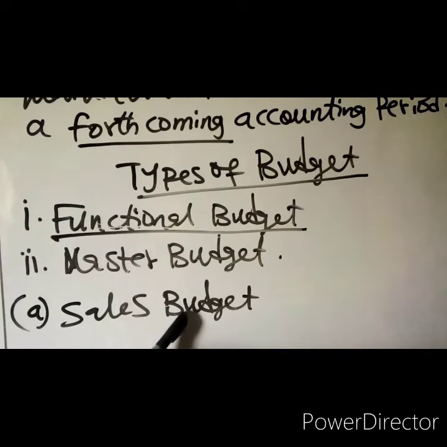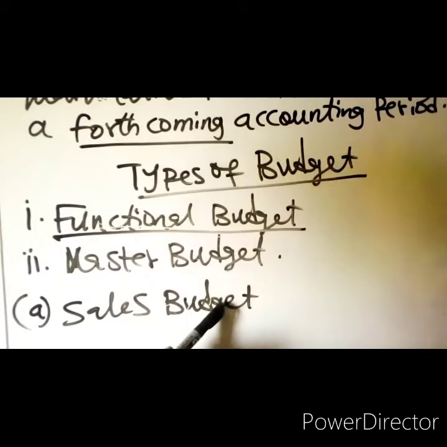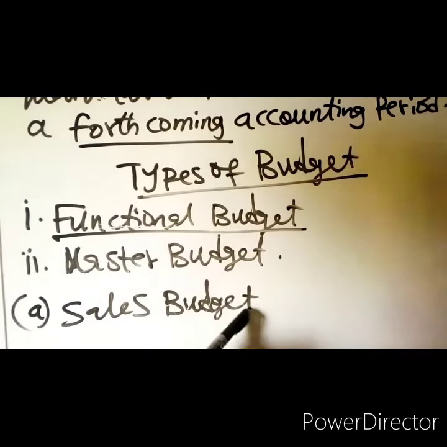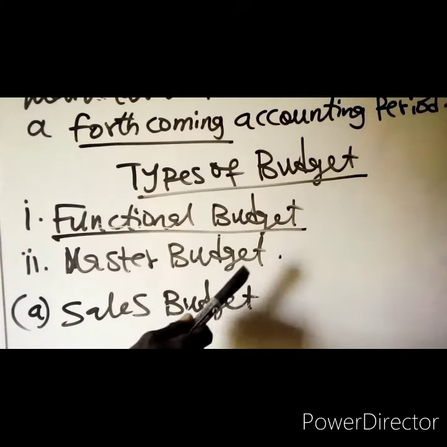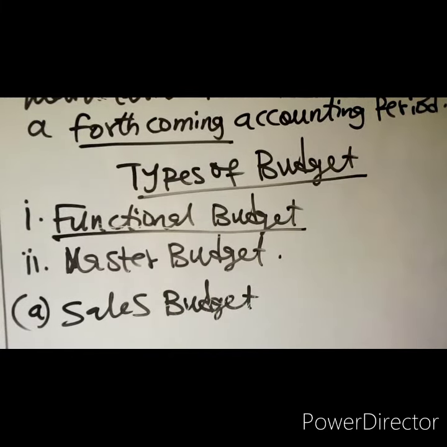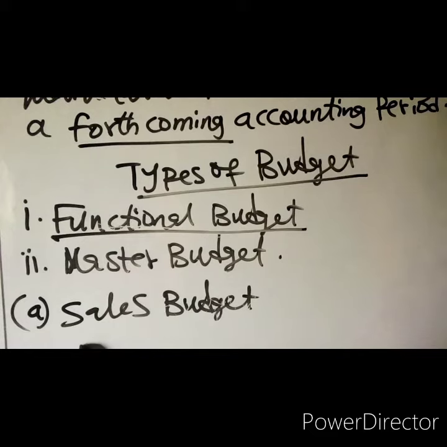The sales budget shows the budgeted selling price, the budgeted sales volume, and the budgeted sales revenue.